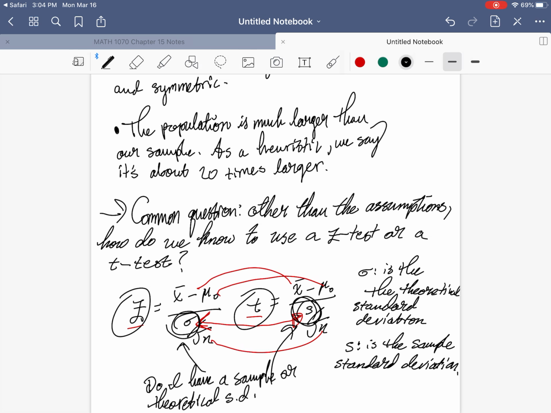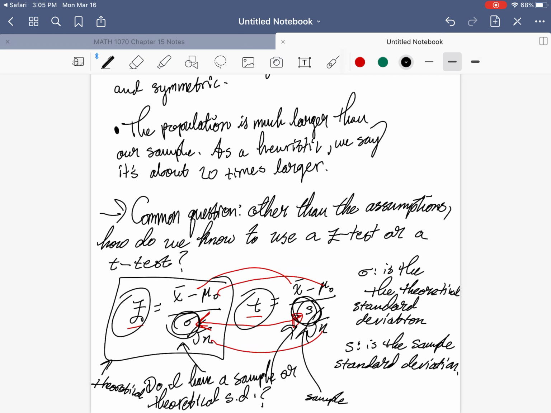And I'm just going to abbreviate standard deviation as SD, okay? And if we have a theoretical, we're going to use the z, okay? And again, if we have a sample, we're going to use the t, okay?